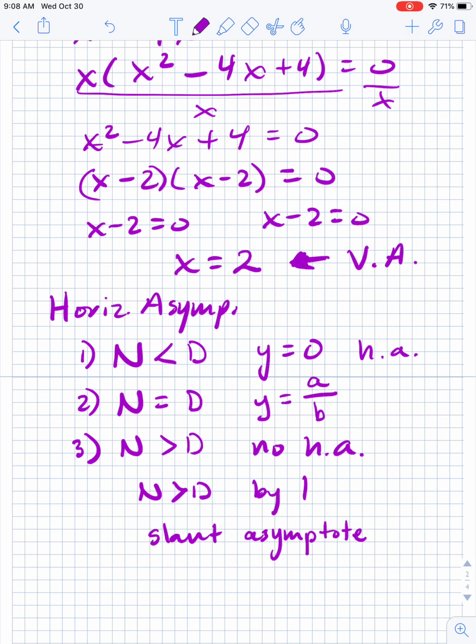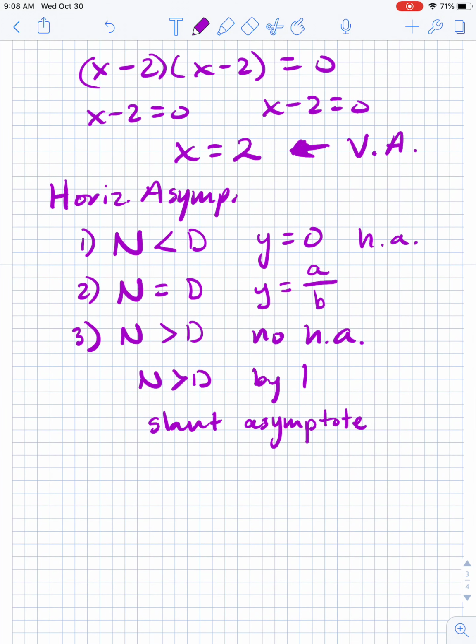Okay, so for the example that we have, our horizontal asymptote fits in with this situation where the numerator and the denominator have the same degree. So that means that our horizontal asymptote is going to be 1 over 1, because that's what we had.